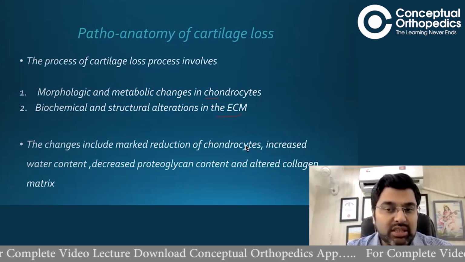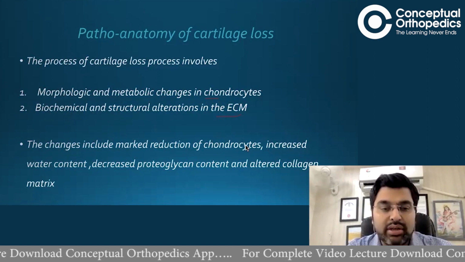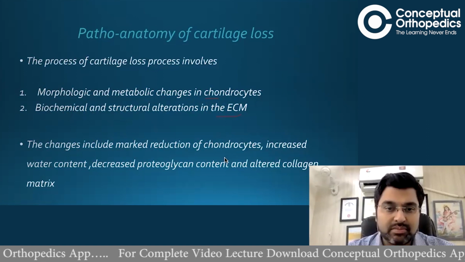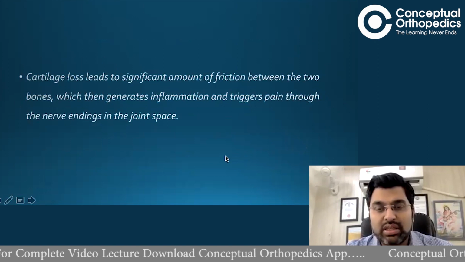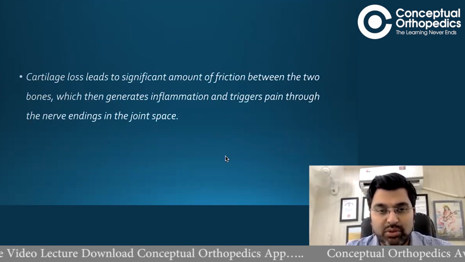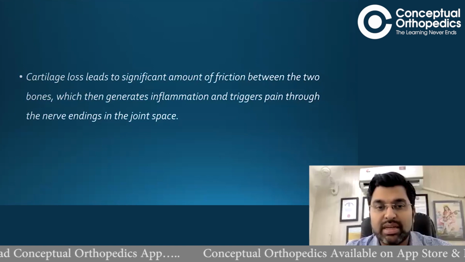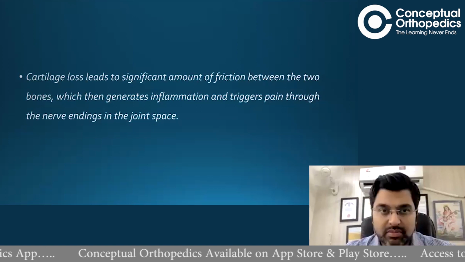There is increased water content, decreased proteoglycans, and altered collagen matrix. This cartilage loss leads to a significant amount of friction between the two bones, which leads to inflammation in the synovium that causes pain to the nerve endings in the joint space.